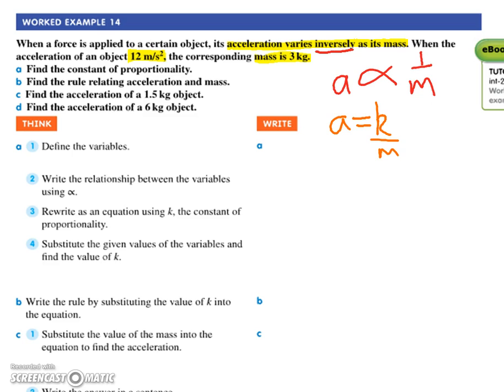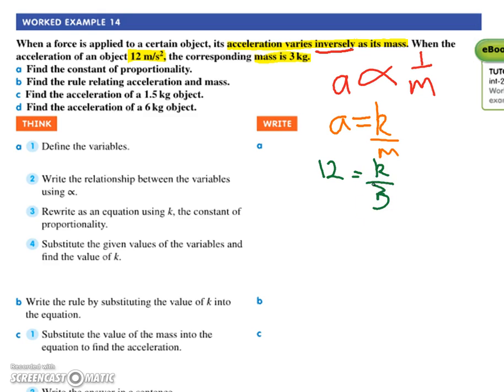My hand signals are getting bigger and bigger as the year goes on. All right, so what do we do now? Substitute. Excellent. What's our A that we've been given? 12. And you'll notice I'm not worrying about putting units in because our K won't have a unit. Then we've got our K over what? 3. Awesome.